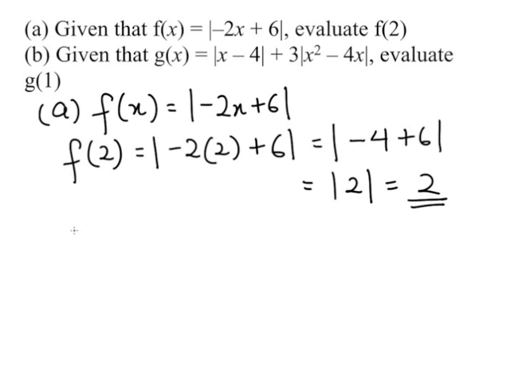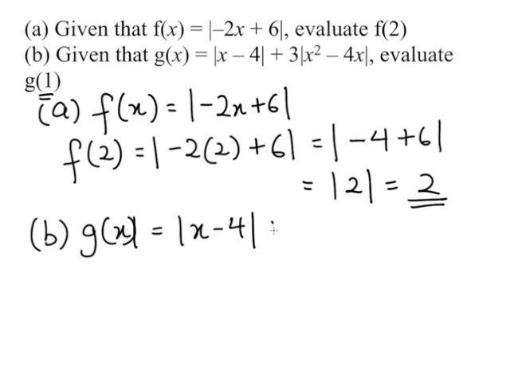Now let's work on the second part, part B. We're going to find g(x) when the value of 1 is substituted inside g(x). So g(x) is given as the absolute value of x minus 4, plus 3 times the absolute value of x squared minus 4x. And for g(1), we are going to replace all the x with 1.